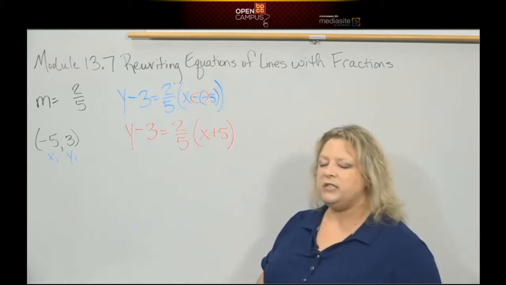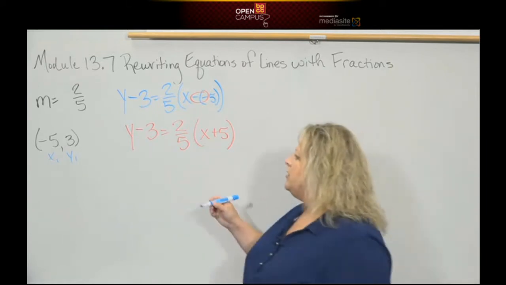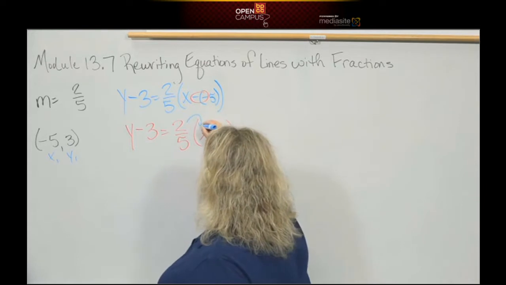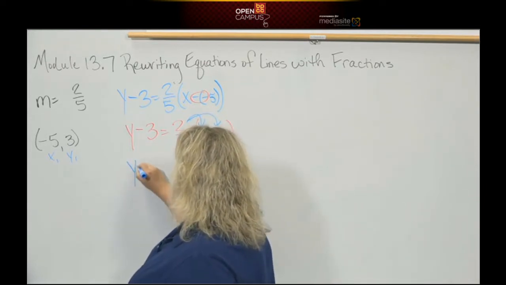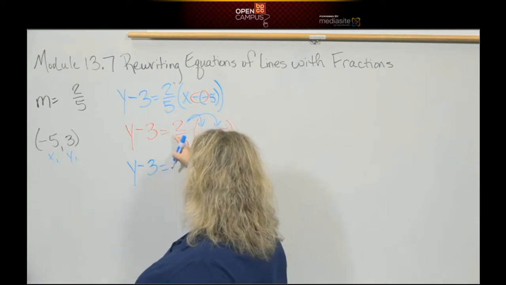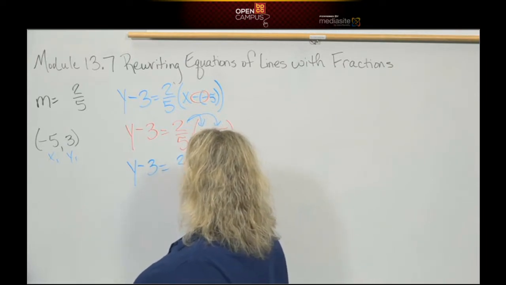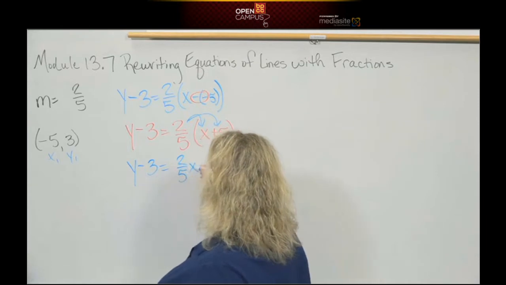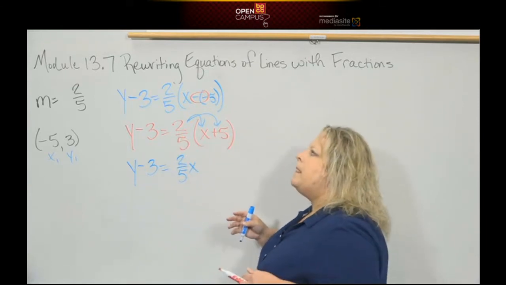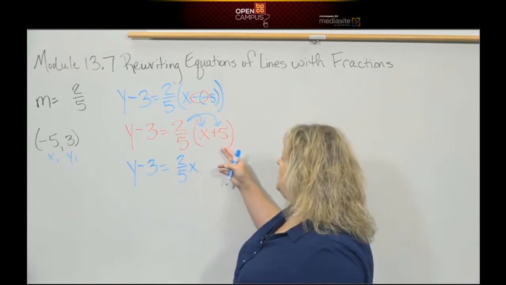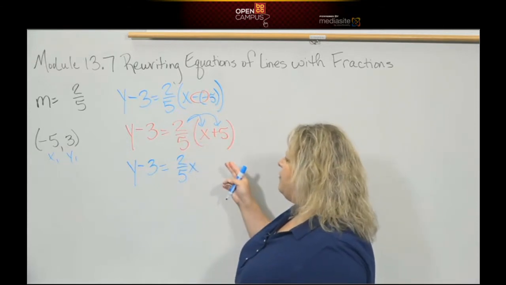So here what I want to do, first things first, is get rid of those parentheses. Do that distributive property. So that's going to give me y minus 3 is equal to 2/5 times x is 2/5 x. 2/5 times 5. Remember, you can either do top times top, bottom times bottom, so that would be 10 over 5.